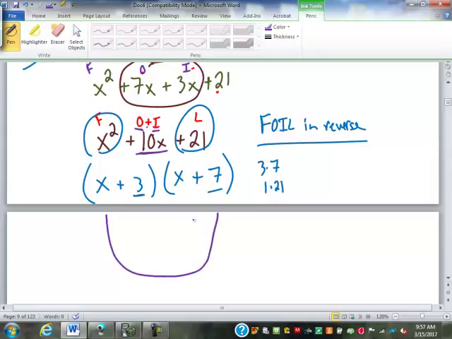What is x times 7? 7x. Then I check the inside. What's 3 times x? 3x. And if I add those together, I get 10x. Is that what I have here? Yes. So x plus 3 times x plus 7 is the correct factorization.